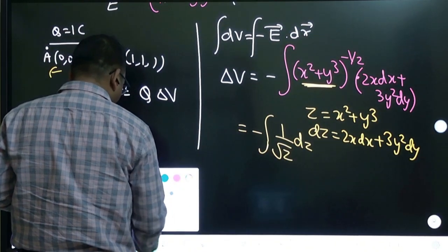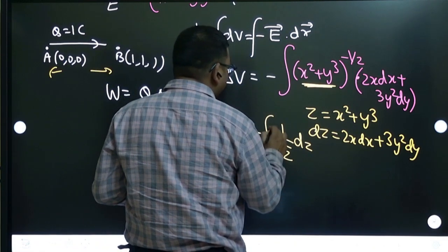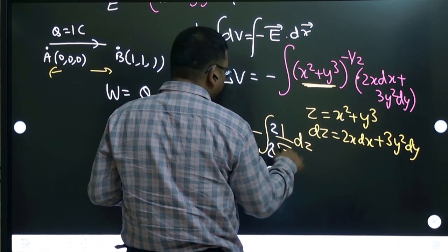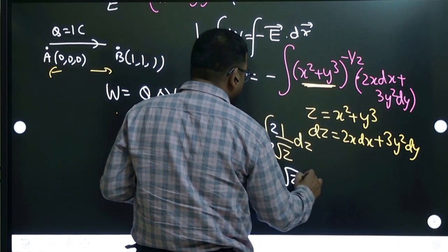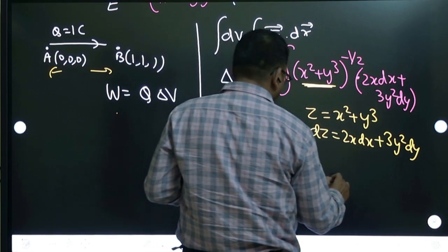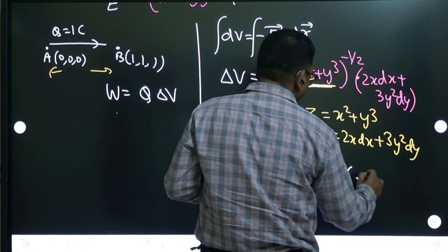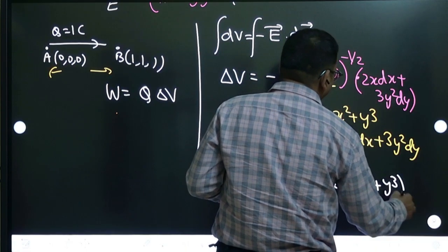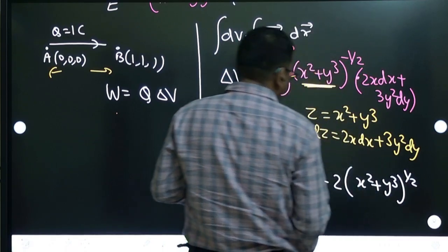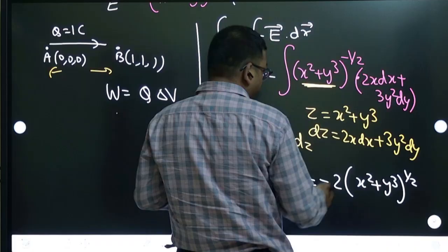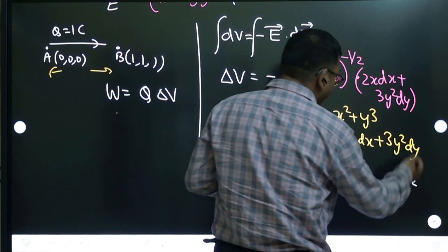Without this you cannot do this integration. So you can multiply 2 in numerator and 2 in denominator, so minus 2 times root z, that means minus 2 times x square plus y cube to the power half, going from 0 to that point.